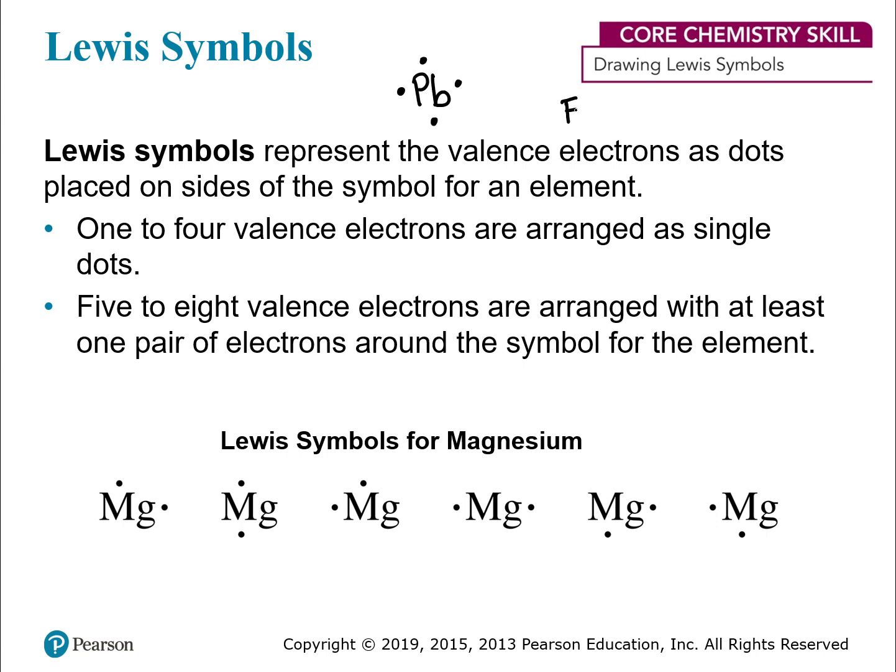For example, if I had fluorine, fluorine is in group 7A. So it has 7 valence electrons. You fill in the first 4, then you go back around and fill in the final 3 for a total of 7.